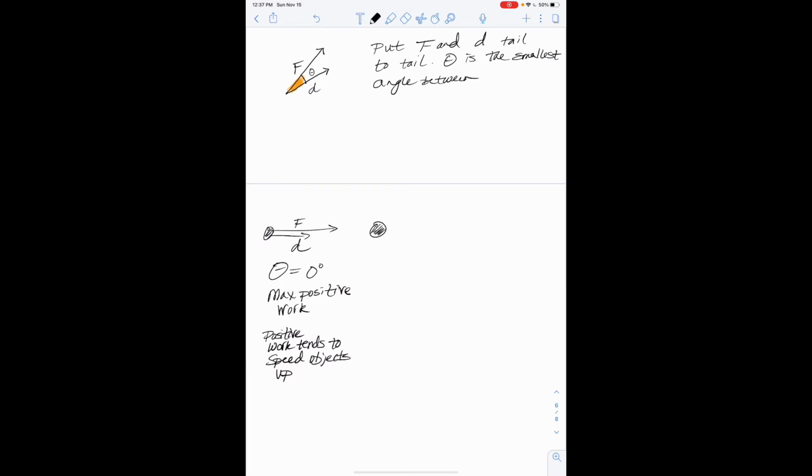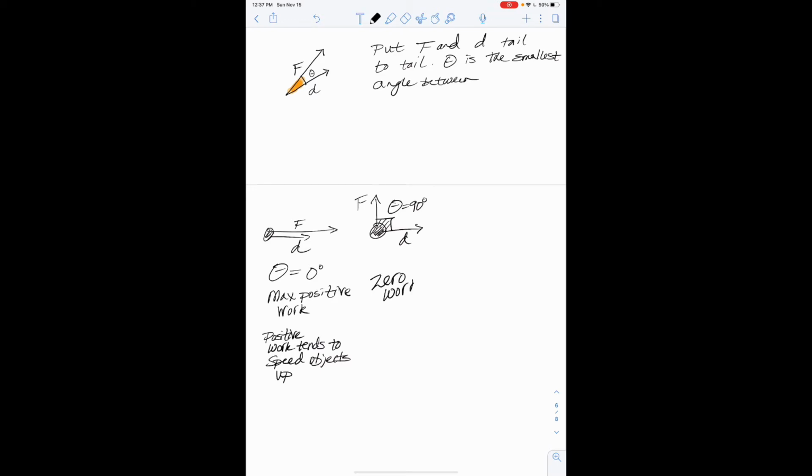Let's look at another example. Let's say the force is directed up, but the object is moving to the right. In this case, theta is 90 degrees, and this is 0 work. Now, the reason it's 0 work, and this always confuses kids, is because I always ask them, when you get this situation, what type of energy is changing?